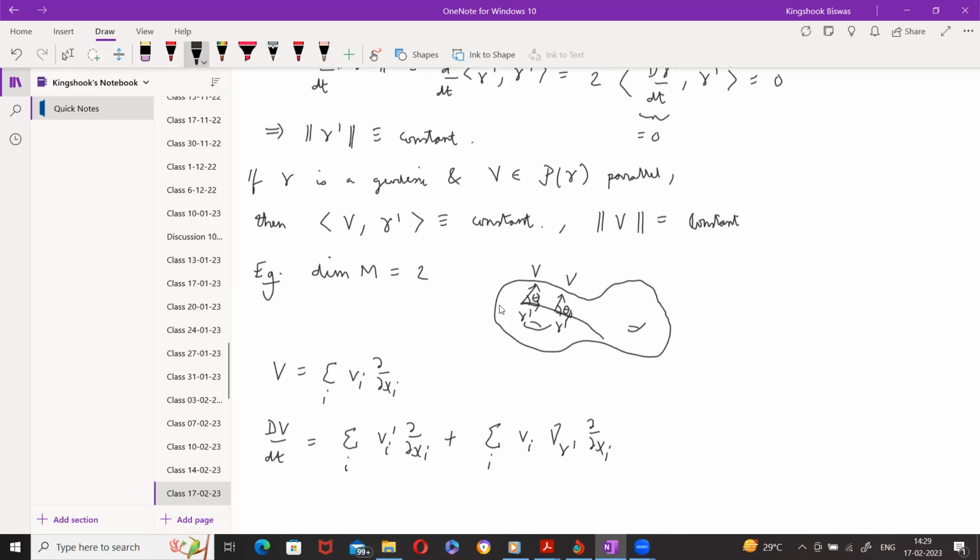This nabla gamma prime is nabla with respect to the sum of vj del/del xj. By C-infinity(M) linearity in the first variable of the connection, this will be the sum over j of vj nabla del/del xj. Sorry, this should be xj prime, not vj.